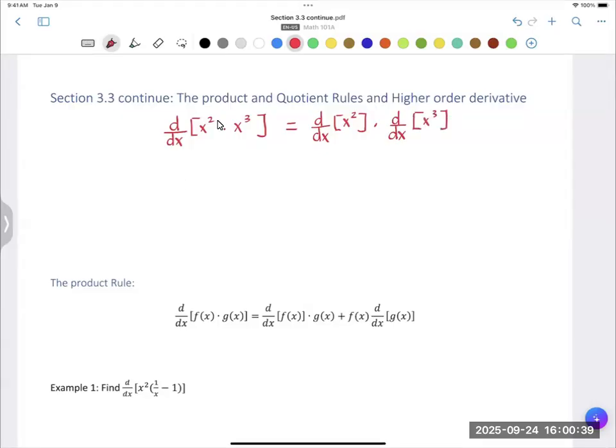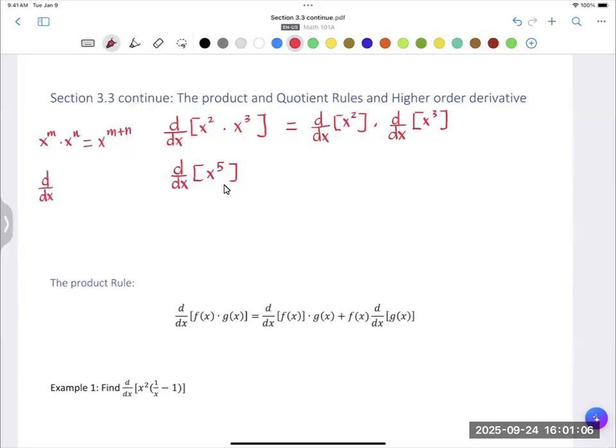Let's check. On the left-hand side, I have the derivative of x squared times x cubed. When you have x squared times x cubed, you're going to have x to the power 5, right? Because x to the power m times x to the power n is x to the power m plus n, so we add the powers. And what is the derivative of x to the power 5?